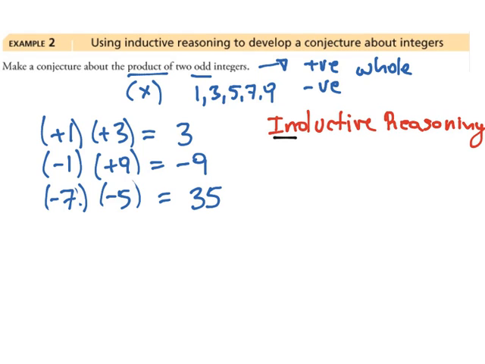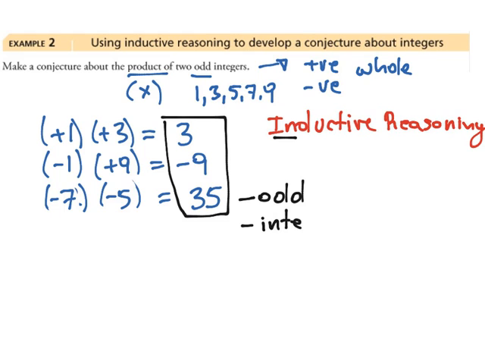So let's take a look at the answers to these. Now, how are these values, the 3, negative 9, and 35, related to one another? They're all odd. One of them is negative, so they also have to be integers.